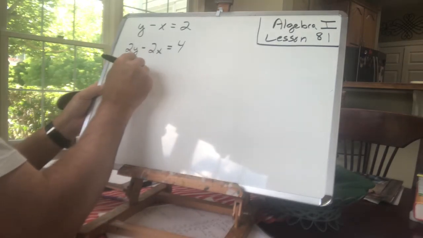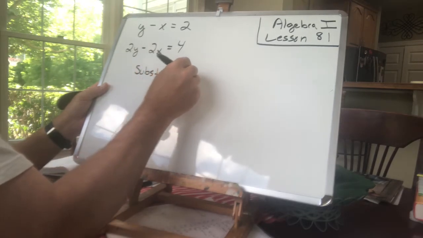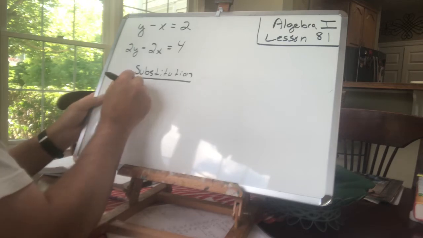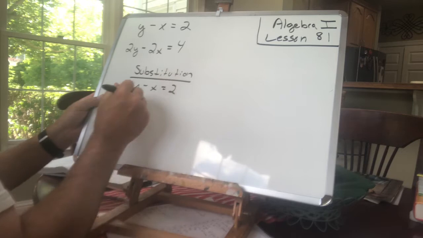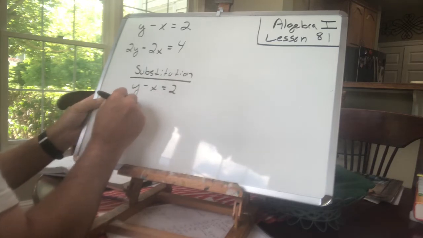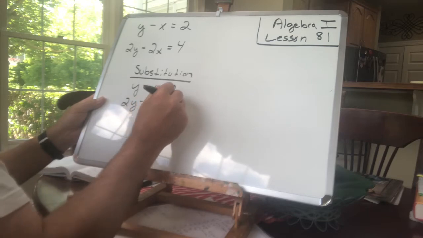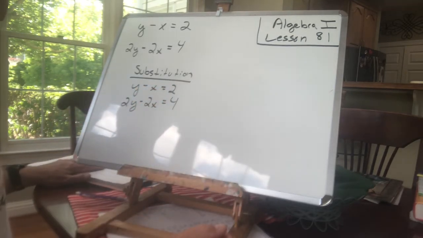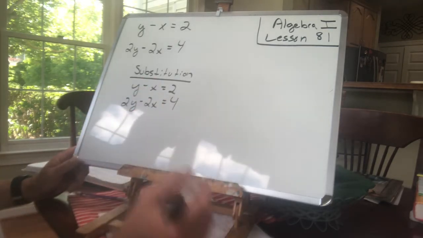This is substitution. And the equations are y minus x equals 2 and 2y minus 2x equals 4. Substitution method. We need to make y equal to something.